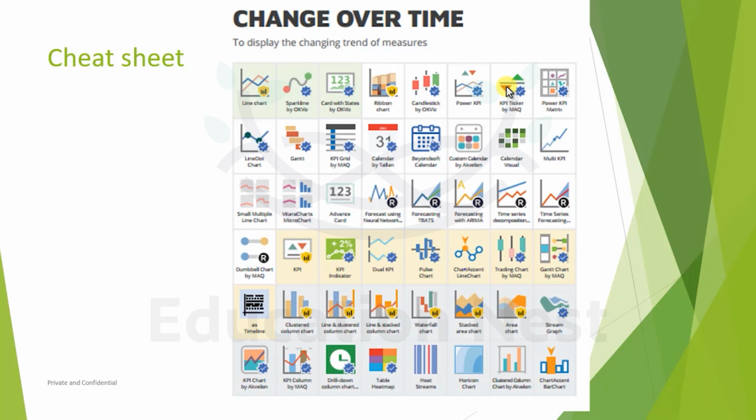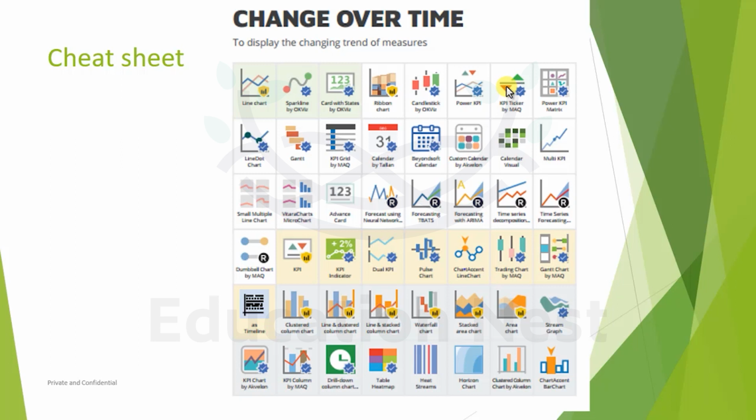Then you have a Gantt chart, which is a typical project management chart, which you can use for tracking different tasks and their length, duration, etc. Then there is a KPI grid having details of multiple KPIs. Then there is a calendar chart which can show you different content.